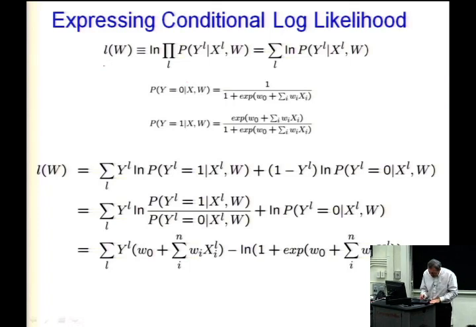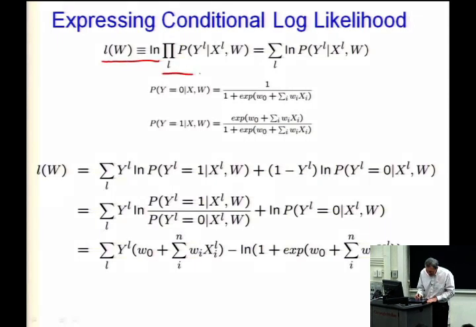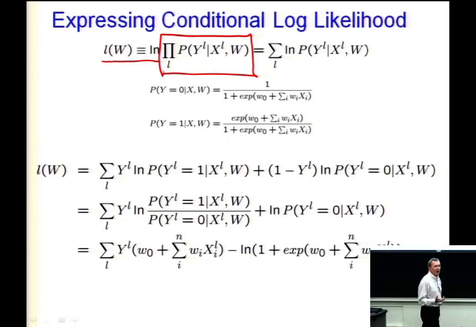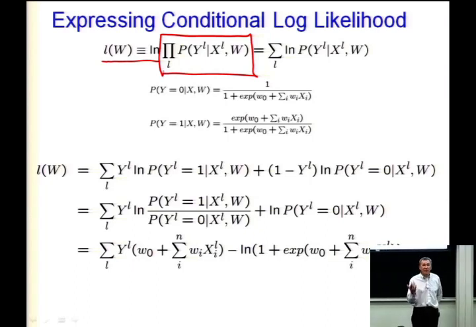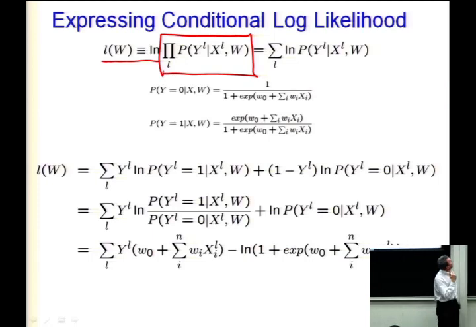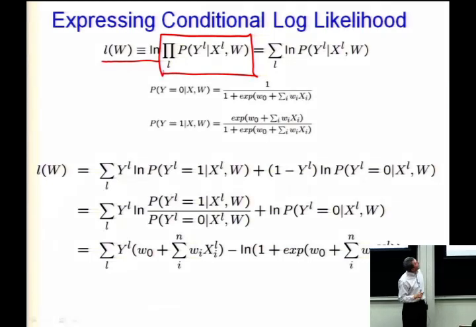I'm going to talk about the log of the conditional likelihood. So here's our conditional likelihood again. And my job now is, given a set of training data, a bunch of X, Y pairs indexed by L, I want to choose the W that maximizes that quantity I just drew a red box around.